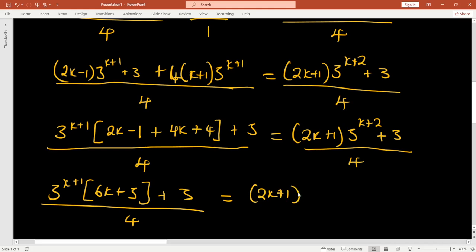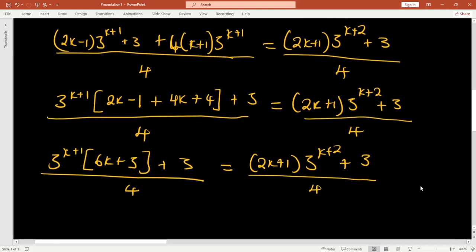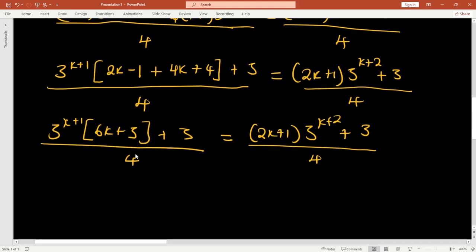(2k + 1)·3^(k+2) + 3 divided by 4 here. Okay, now these two terms that we have inside the brackets here, you notice that 3 is common, so we can factor out a 3. So we're going to have 3^(k+1) multiplied by the number that we factor out, which is 3, open brackets.